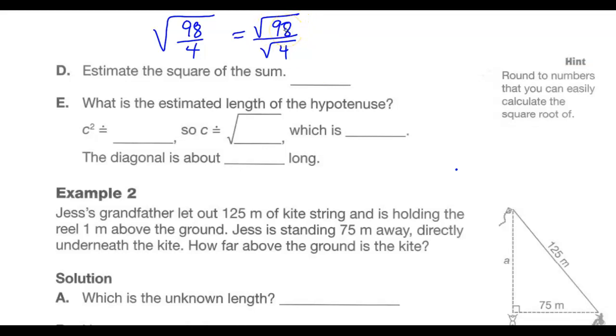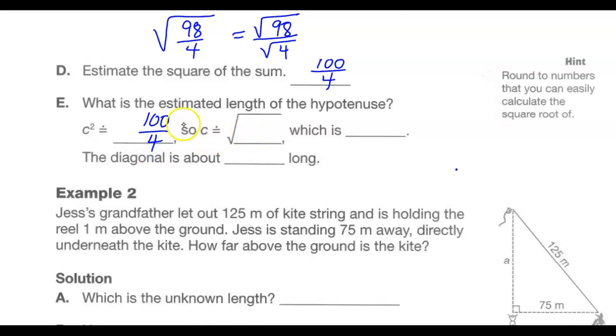So think about a perfect square that's close to 98. Well, 100 is close to it. So instead of calling it 98/4, I'm going to call it 100/4. That's pretty close. So the estimated length, c squared, is approximately 100/4.